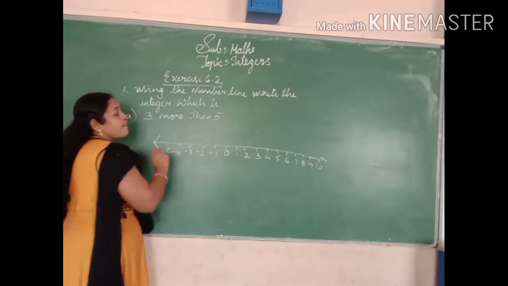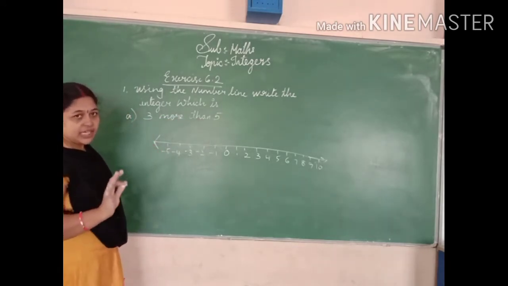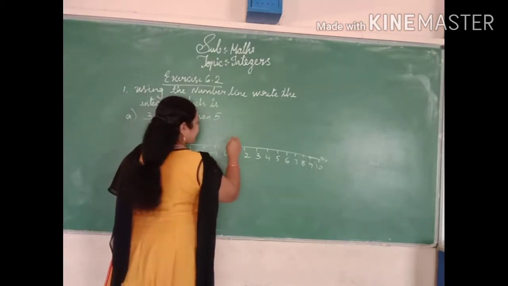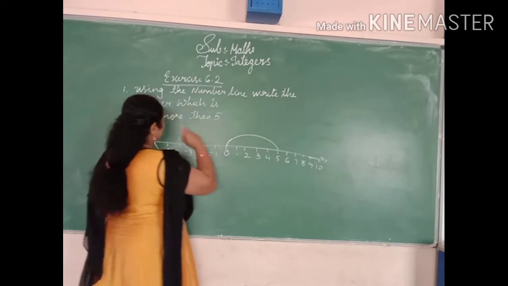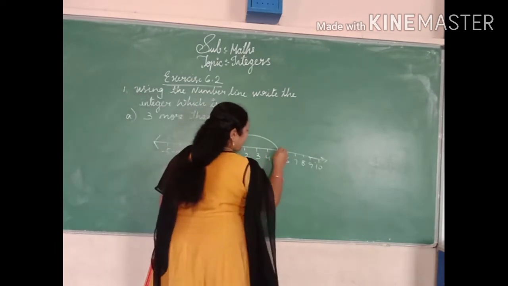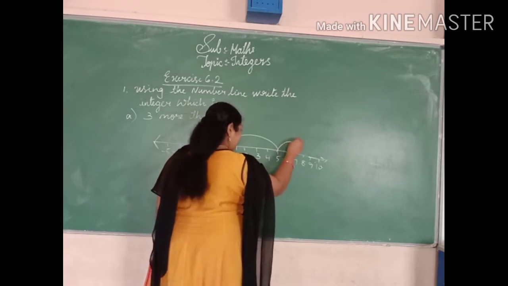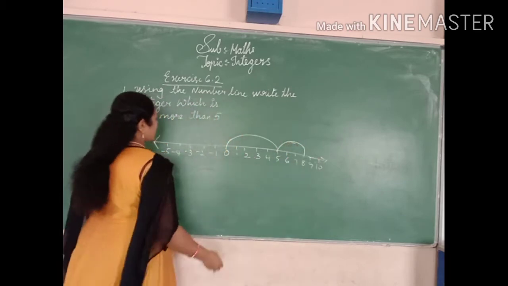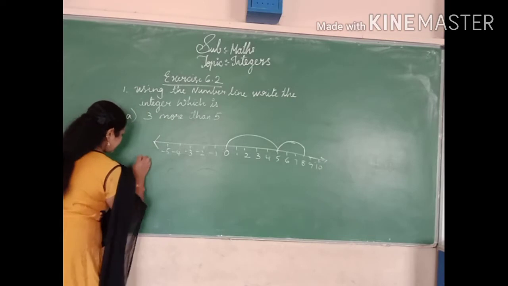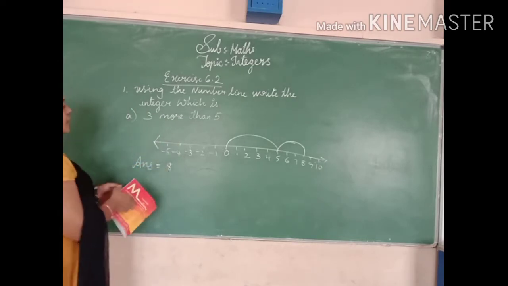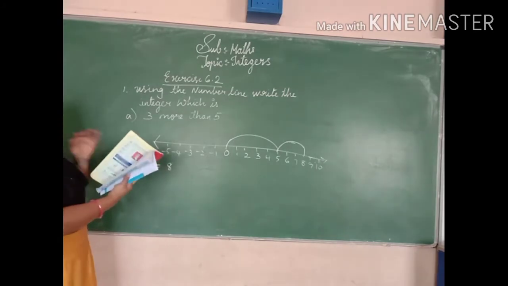So more means positive numbers; we don't have any negative numbers in it. So we take 5 and 3 more than that. So we have 1, 2, 3. So 3 more than that is 8. So according to our number line, the answer is 8. Hope you are able to understand this.